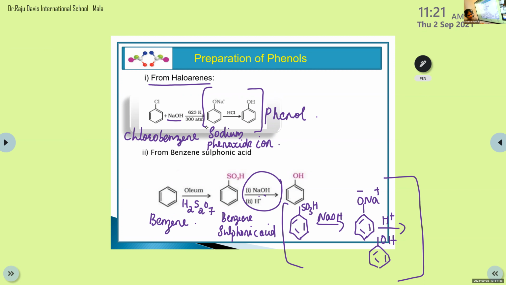This is clear, children? Any doubt, anyone? Ma'am, yeah. Here what is the one we're calling sodium phenoxide? This one, benzene ring with O minus Na plus. I told you that it's not included in the reaction, but the two reagents are added here in the second step.